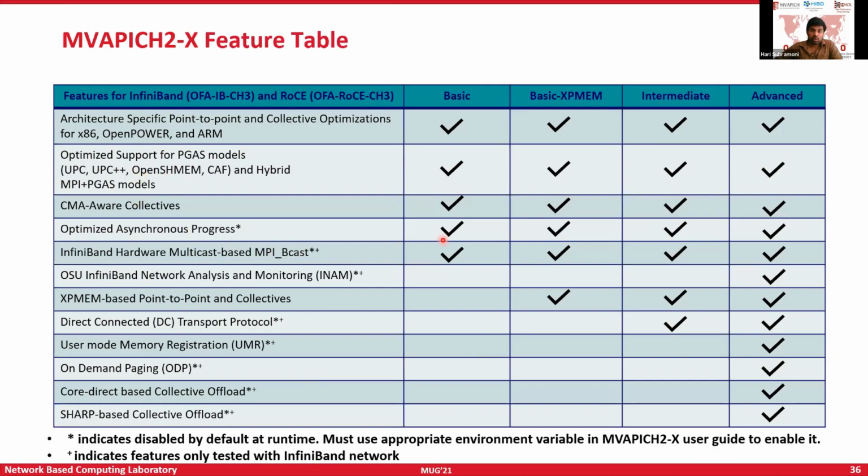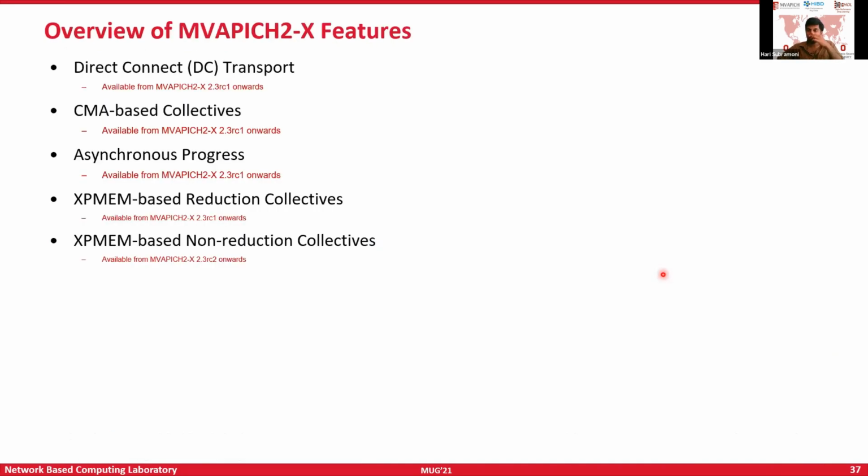It has support for optimized asynchronous progress, XPMEM-based point-to-point and collectives, support for the dynamic connected transfer protocol, user mode memory registration, on-demand paging. So all of the newer features that IB offers are supported under MVAPICH2-X. So I'll talk about a few of those features and the performance that you can get by using those features in the coming few slides.